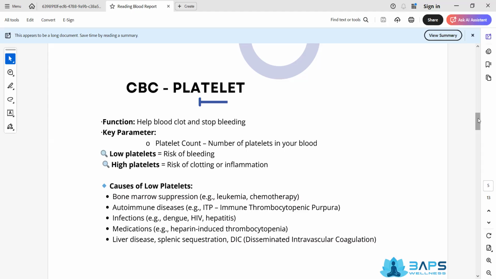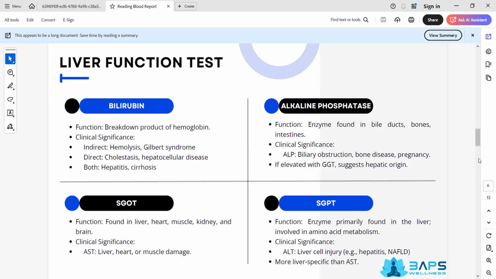And the liver disease, spleen disease, and some intravascular coagulation. These are all the causes of low platelet count. So these are all about the CBC overall.